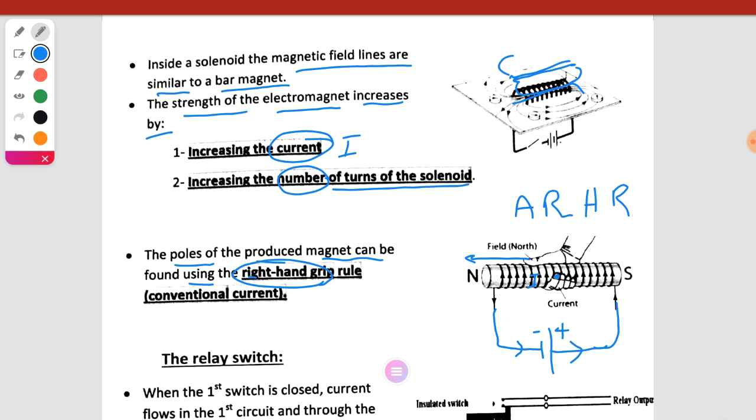This current is called conventional current, when the current transfers from positive to negative, while the electron current is when the current transfers from negative to positive.